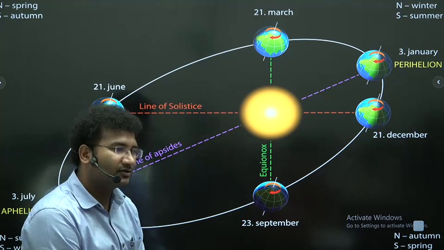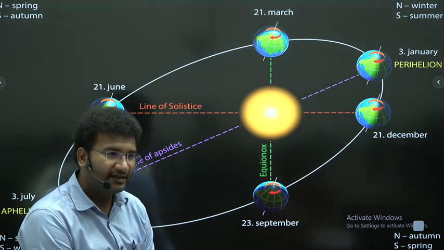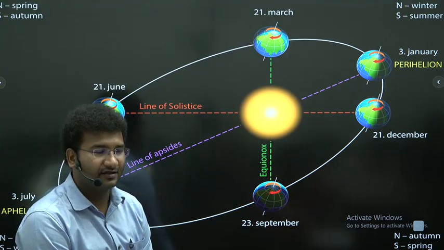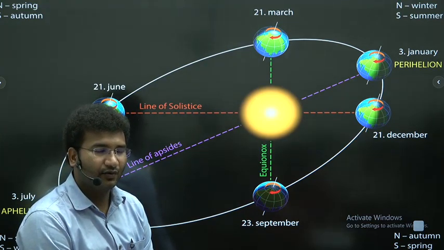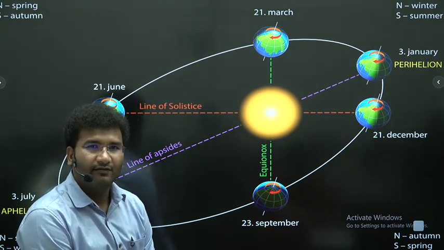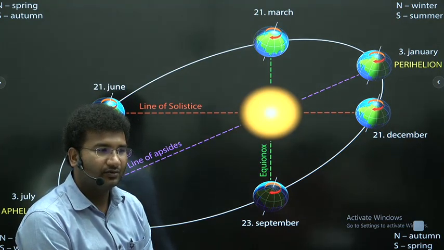This surplus day in every 4 years is called a leap day, which is added to the month of February.